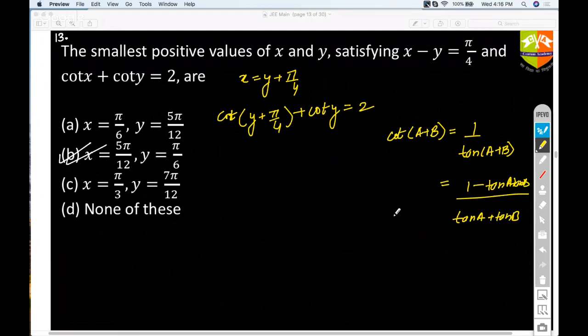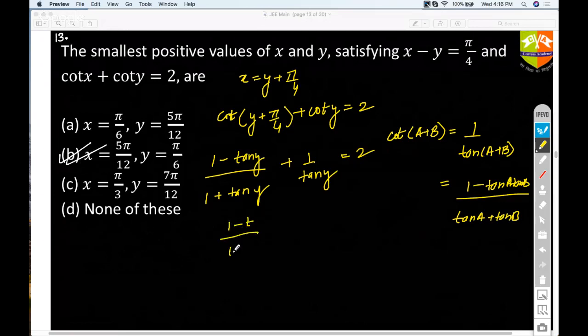Okay. So this is going to be 1 minus tan y by... Correct?